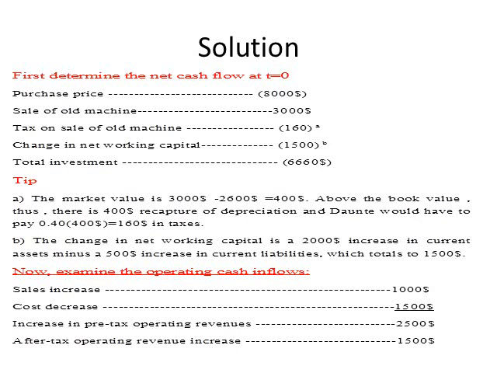Now examine the operating cash inflow. Here is the illustration of the operating cash flow: sales increase by $1,000, and costs decrease by 1,500. This was clear in the previous slide, when he told you that the replacement machine would permit an output expansion, so sales would increase by $1,000 per year.